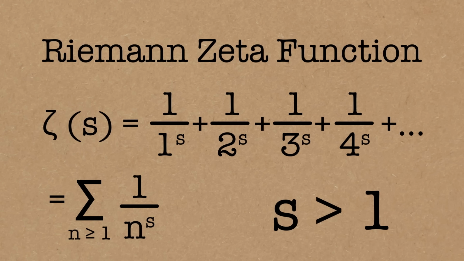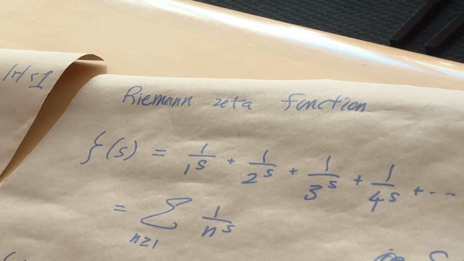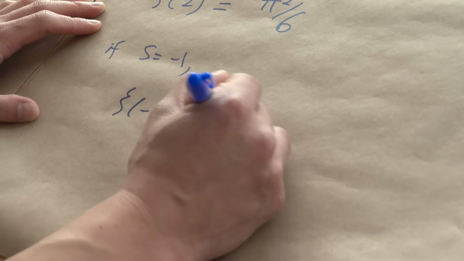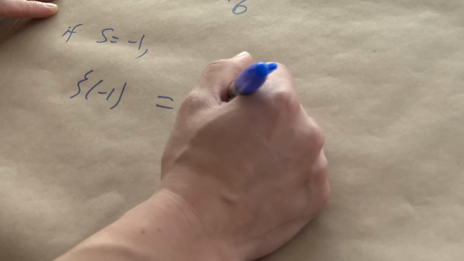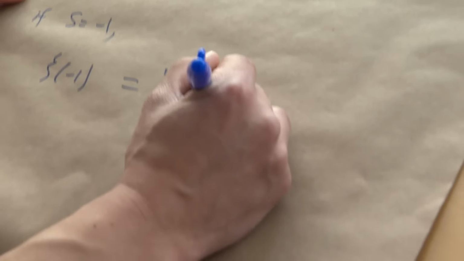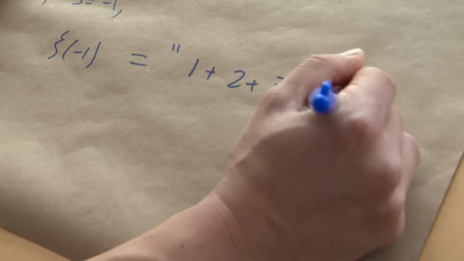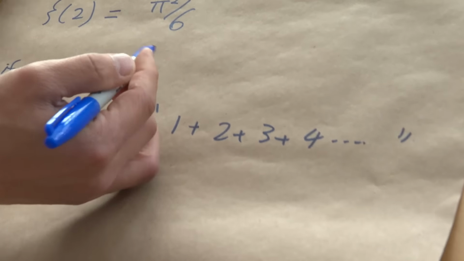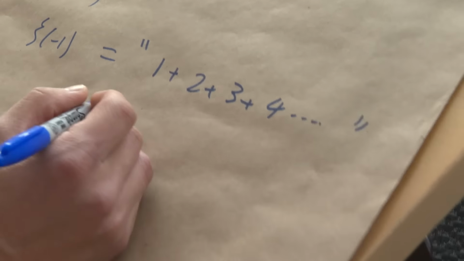And so, for example, if s is negative 1, then what you would see in this expression is something like zeta of -1. You tried to say it's equal to, I'm going to put this in quotes, 1 plus 2 plus 3 plus 4, and so on. This expression that we saw before that we said should be equal to -1/12.